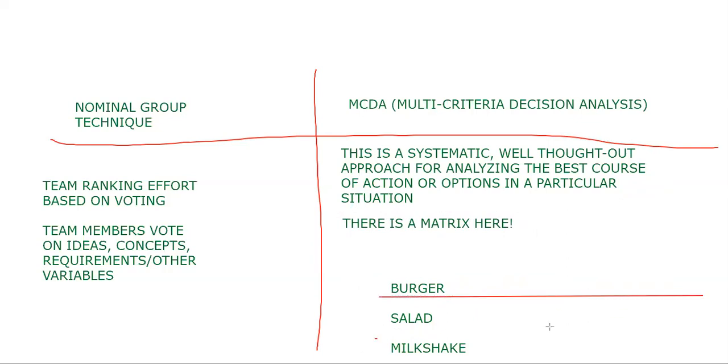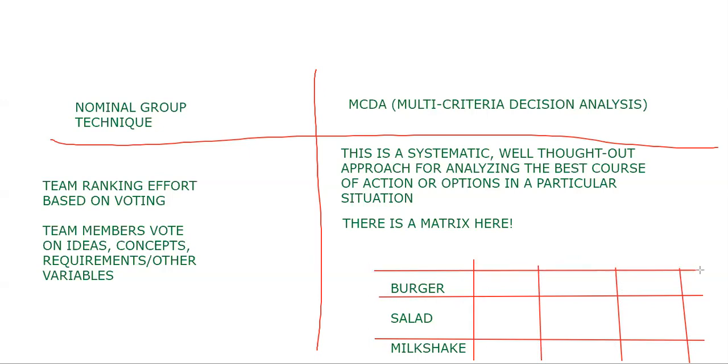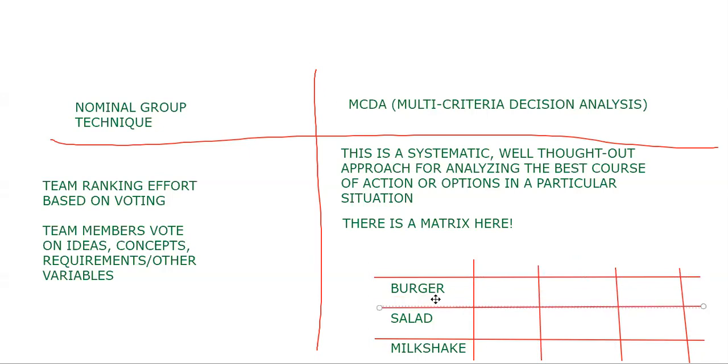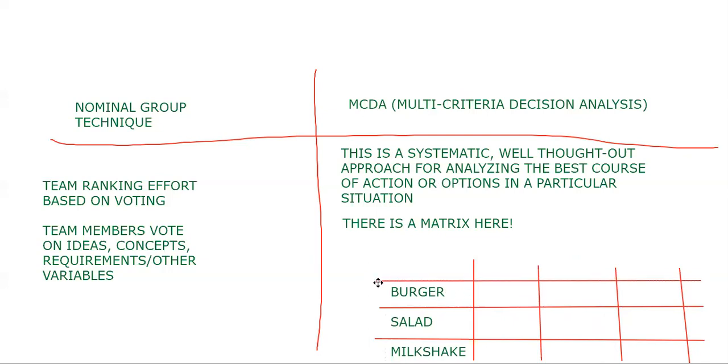So if you think about this like a matrix of sorts, and you categorize them using a point system, and here at the top, we make some criteria that people normally use to decide what to eat.